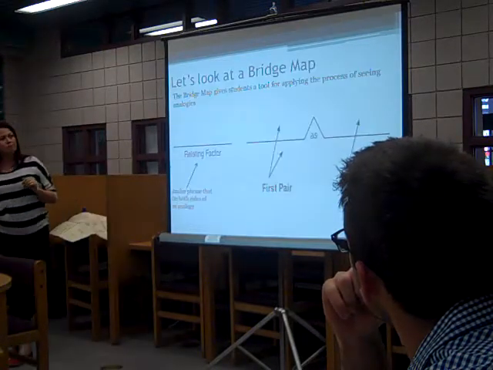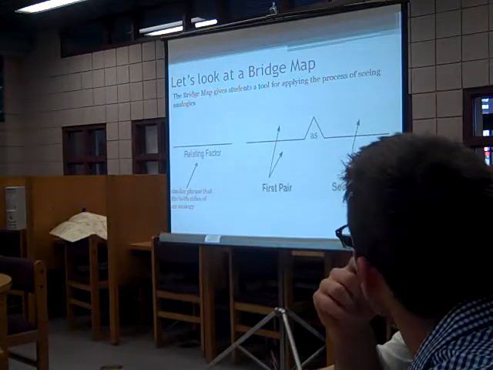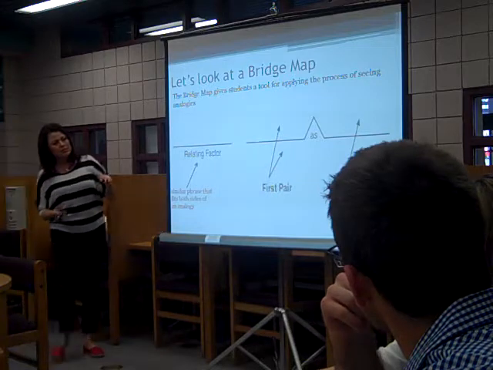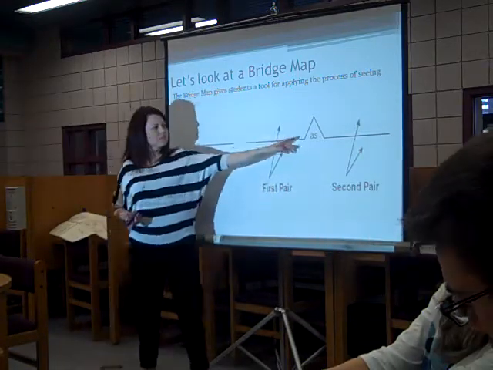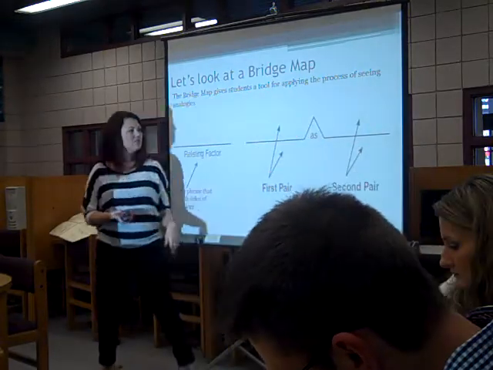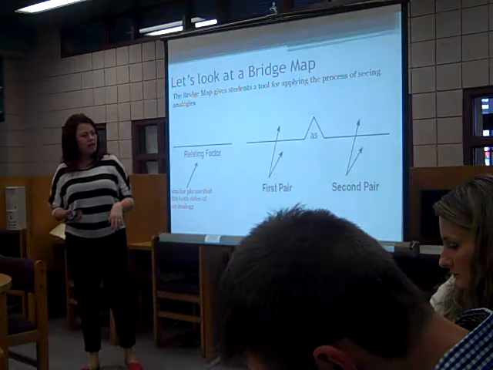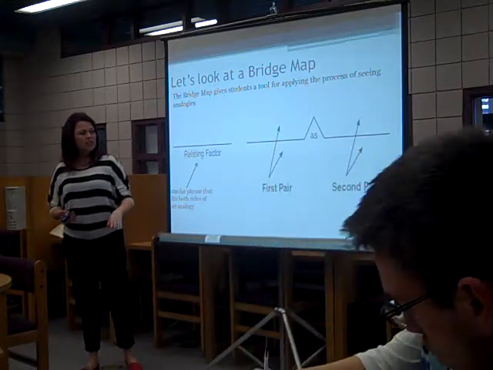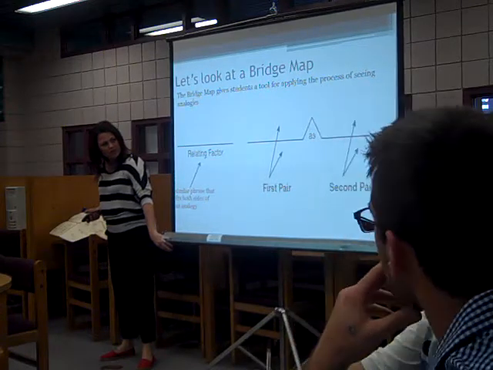All right, so this is what a bridge map looks like. It gets its name from this little triangle there. That's the bridge. And so the bridge connects the first pair to the second pair.